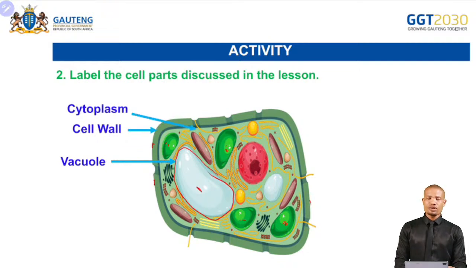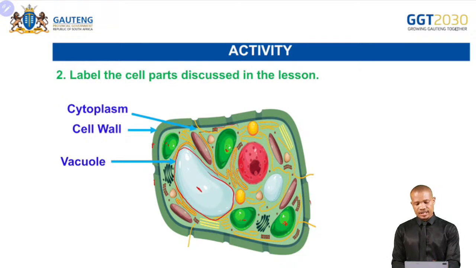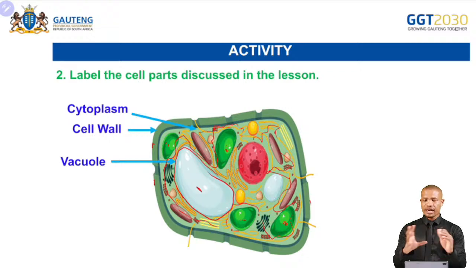Right, we have the cytoplasm, which is the green area inside the cell where everything that is inside the cell is basically held. Right, that green area around the cell, it's a green fluid. It's a jelly-like fluid that holds all the contents of the cell together.